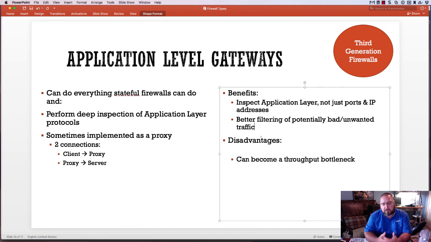Now, in modern times, firewalls go to one other level that's beyond this, which is a multi-layer firewall. Multi-layer firewalls incorporate some or all of these concepts. They certainly have the capacity to go in and identify traffic based on the IP address that it's coming from or going to, or the ports and protocols that are in use.